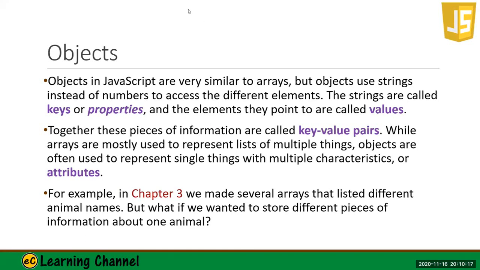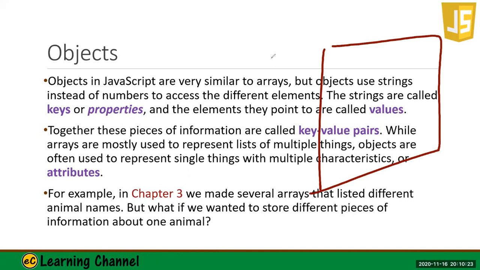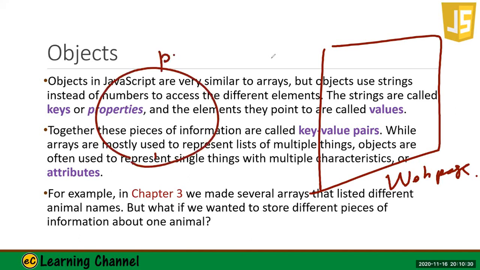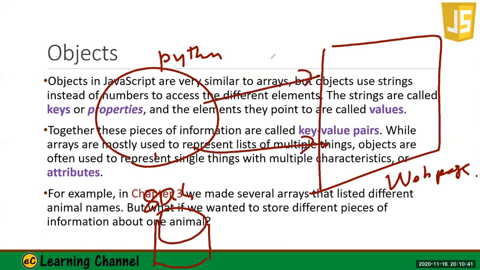Okay, and basically your JavaScript, your HTML, your CSS is your web page. Behind your web page you have a Python program, you have a SQL database, and you actually show it onto here, right? So basically JavaScript and HTML are more like a GUI design, graphical user interface design.